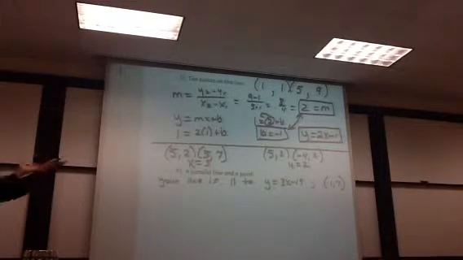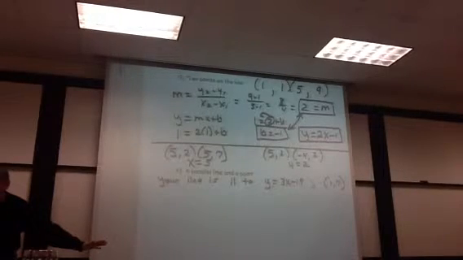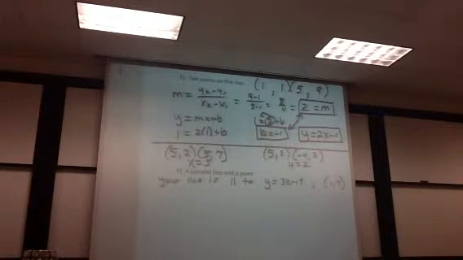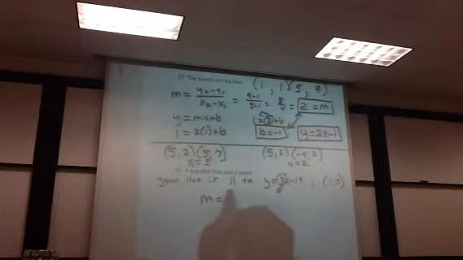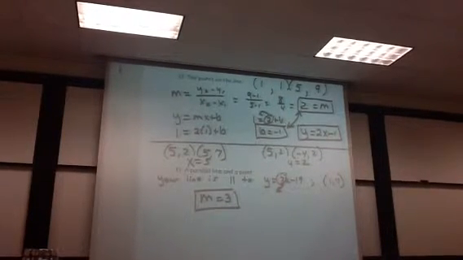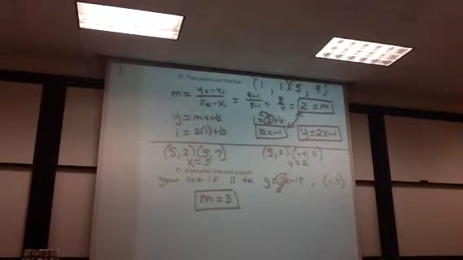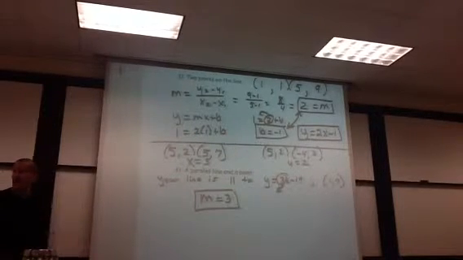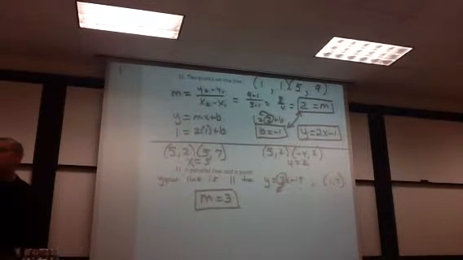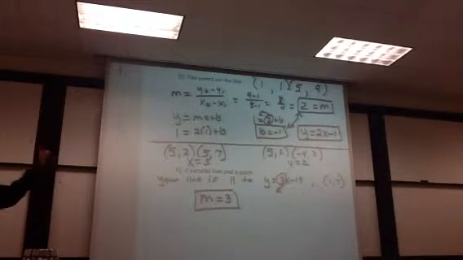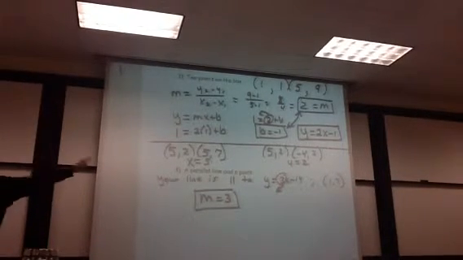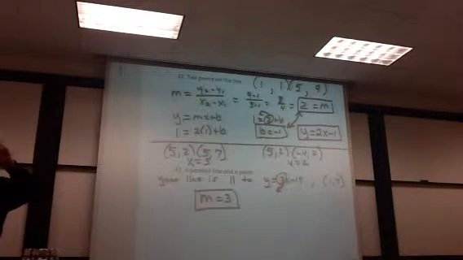So the only thing I want to get from that line is its slope. The slope of this guy is what? 3. There it is right there. That's the slope. If the slope of that line is 3, what's the slope of your line? 3. Yeah, okay. So now look where we are. It's got a slope and a point. That's scenario number 2.